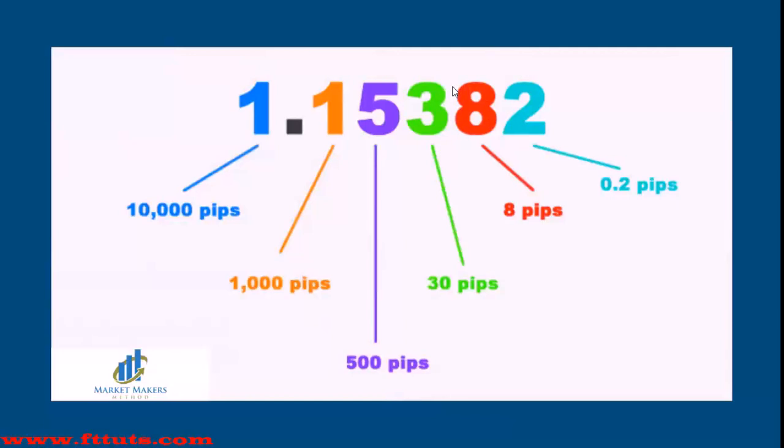Each one of these is going to be one pip right here. So if this goes from 8 to 9, that's one pip. If this goes from 3 to 4, that's going to be 100 pips. Hopefully that makes sense.